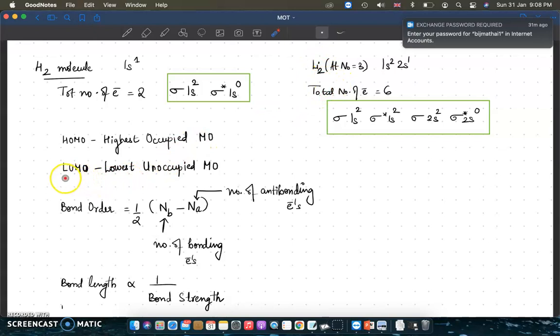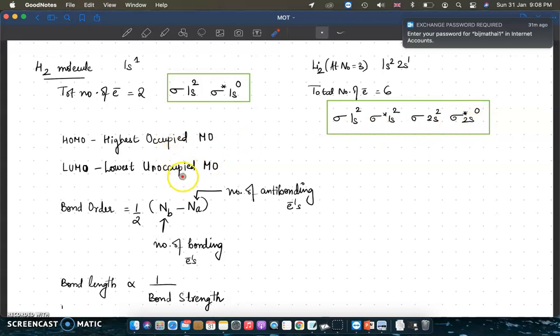Now LUMO, which is the lowest unoccupied molecular orbital. In this case these are all occupied, so the lowest unoccupied is sigma star 2s. So this is the lowest unoccupied molecular orbital.